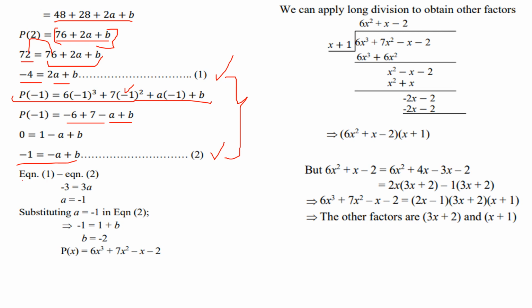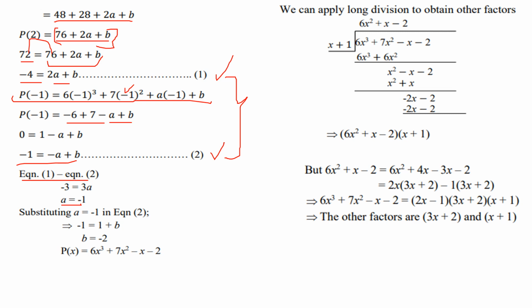I went with elimination. Using elimination, we subtract equation 1 from equation 2. You will remain with negative 3 being equal to 3a. If you divide through by 3, you're going to get a being negative 1. After getting a, you can use any of the equations to get b.